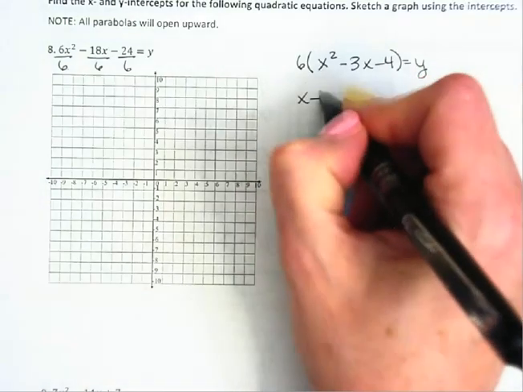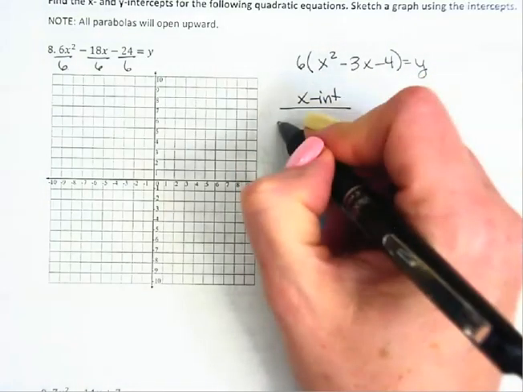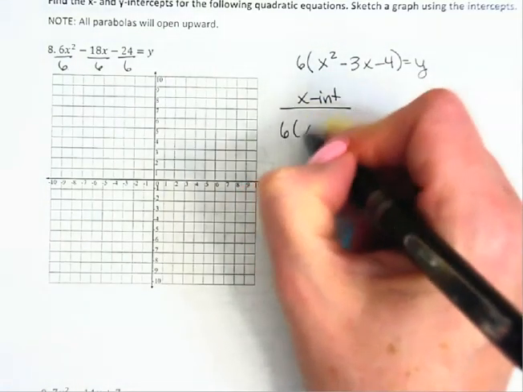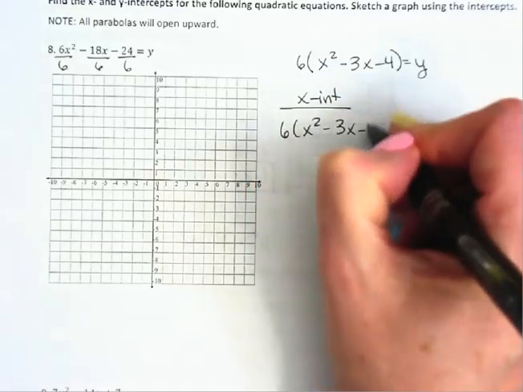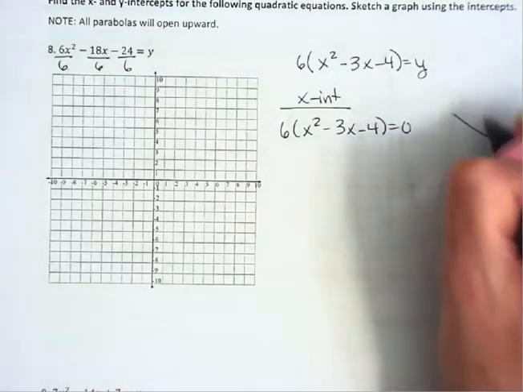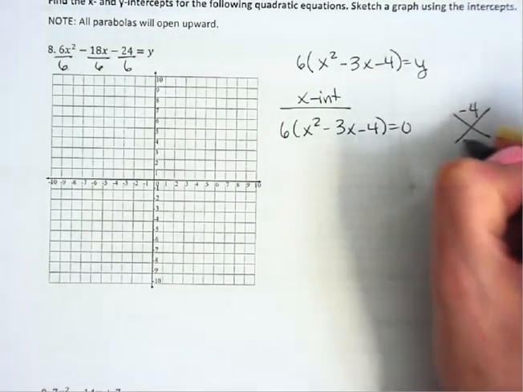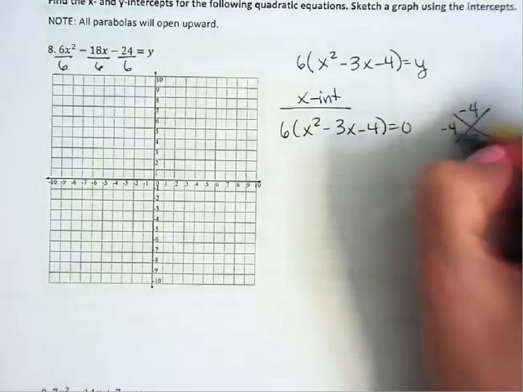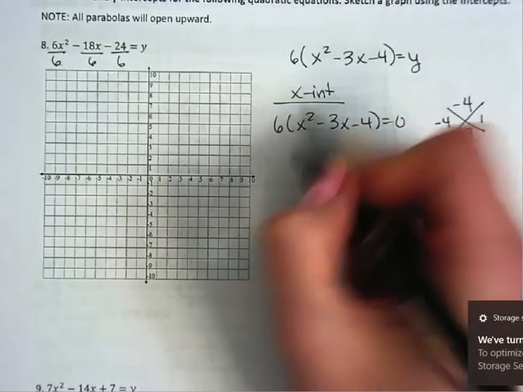So for my x-intercepts, I start by letting y equal 0. I'm going to factor that trinomial, what multiplies to -4 and adds to -3, and it's -4, +1.